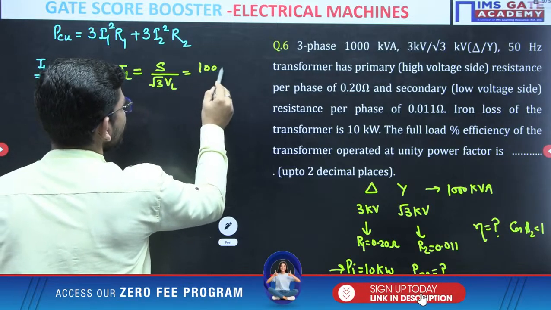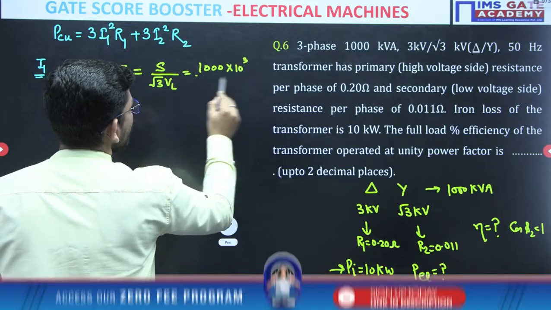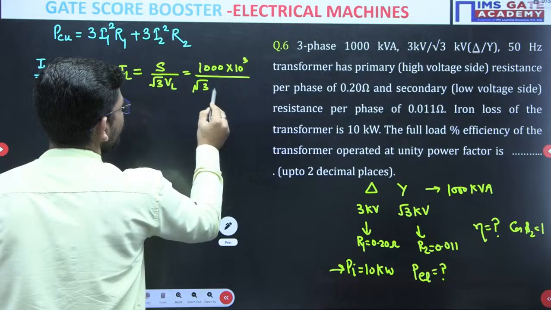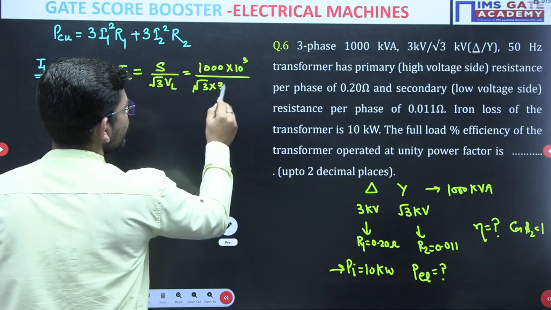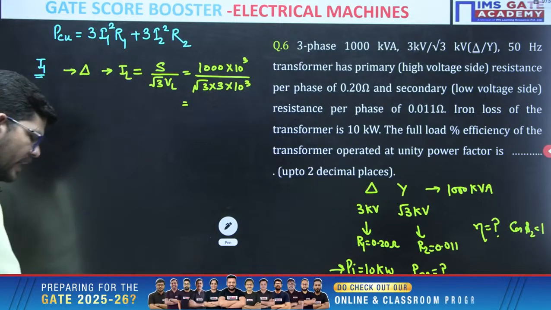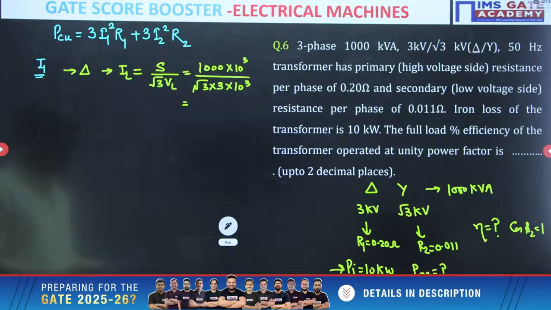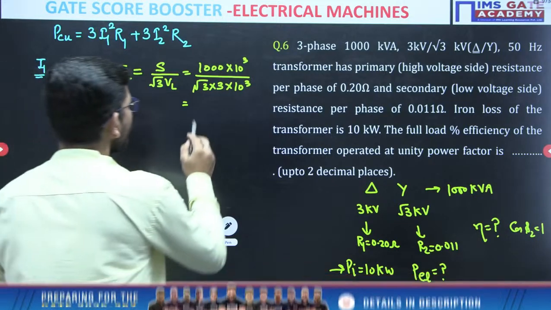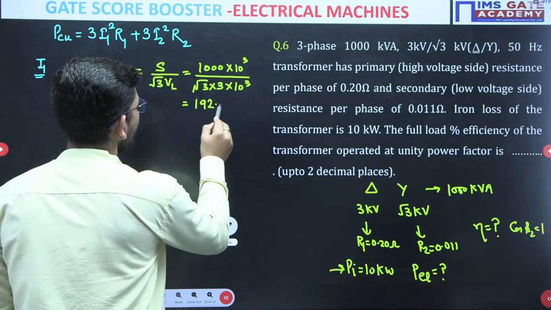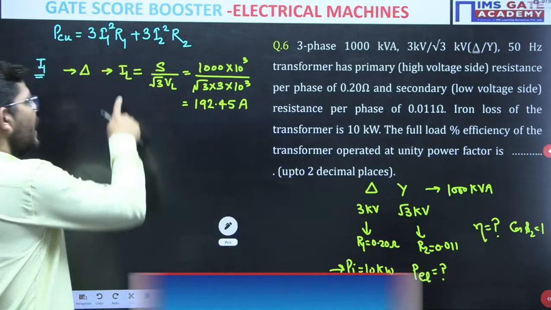It is 1000 kVA upon root 3 into what is VL? It is given 3 kV. Correct? So when you calculate the current, the answer that I am having is 192.45 ampere.